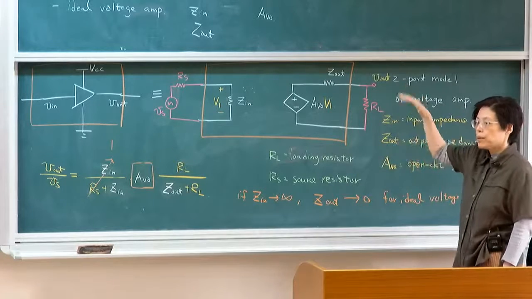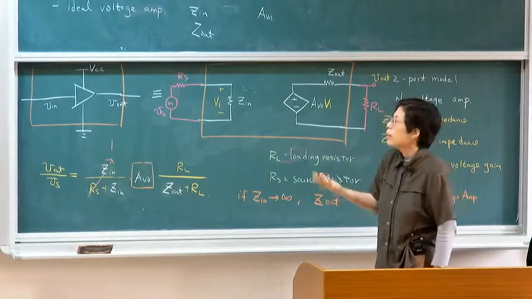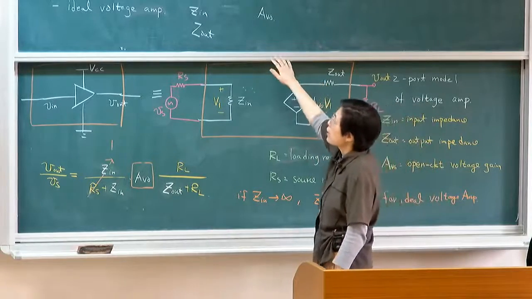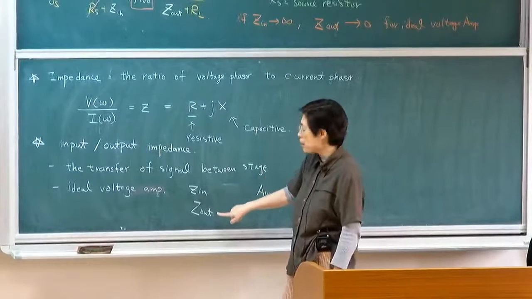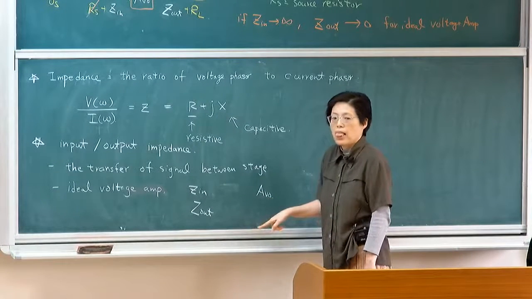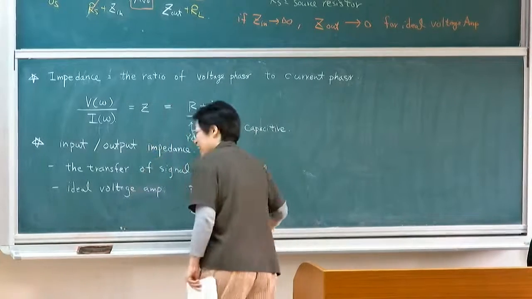So remember this. This is what we're going to look for if we're dealing with a voltage amplifier. So how does one make sure that this input impedance is as high as possible?